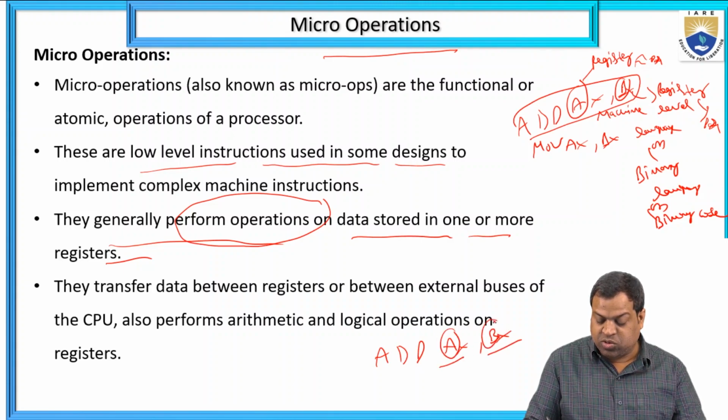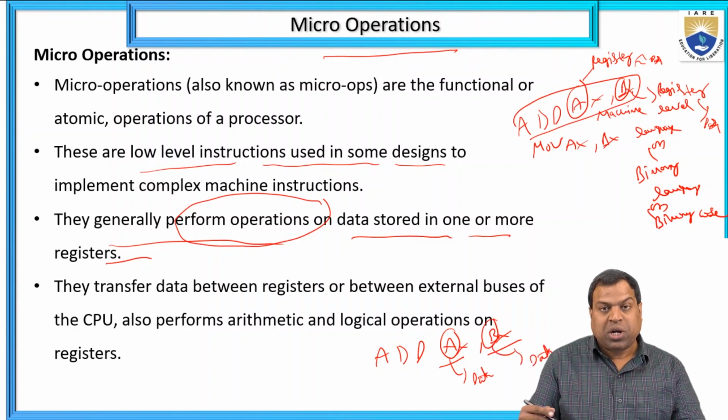Here A is one register, and B is another register. In these registers the data will be stored. So in any operation we have to perform on the data stored in one or more registers. Multiple registers are used for multiple data in micro operations, and they transfer data between the registers or between external buses of the CPU, and also perform arithmetic and logical operations on the registers.